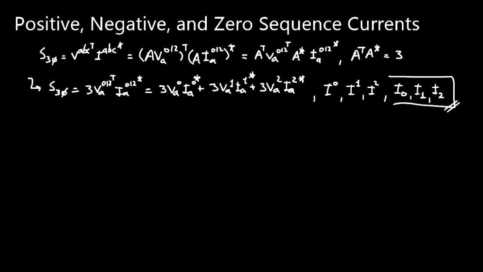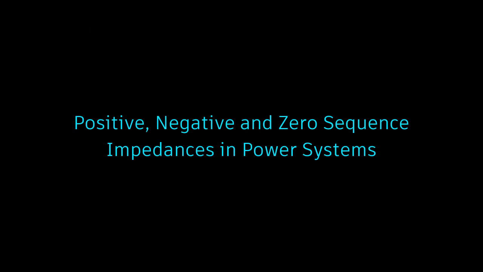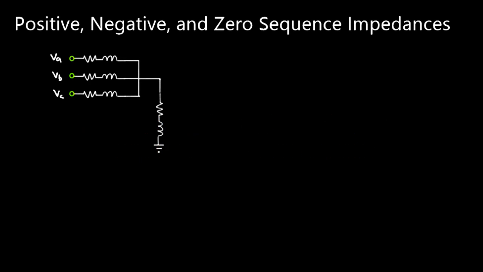Alright, so next let's talk about positive, negative, and zero sequence impedances. In this lecture, we're going to be talking about the positive, negative, and zero sequence impedances. So far, we've only talked about voltages and currents as far as the sequence components. Now let's talk about the impedance.